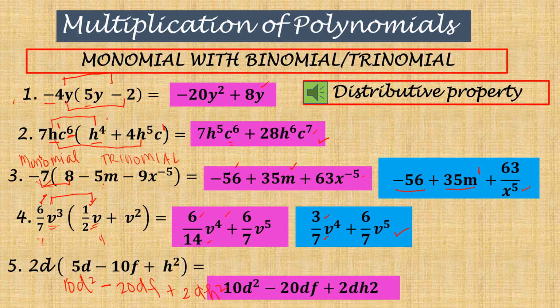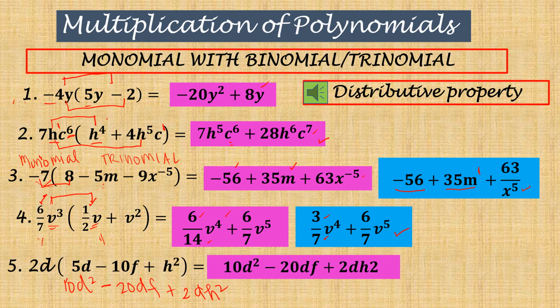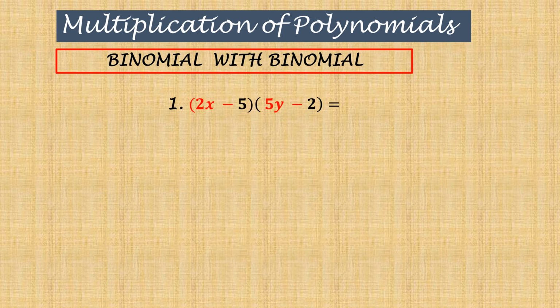So let us reveal if this is correct. So correct. 10d squared minus 20df plus 2dh squared. So therefore, this is already the final product in number 5.